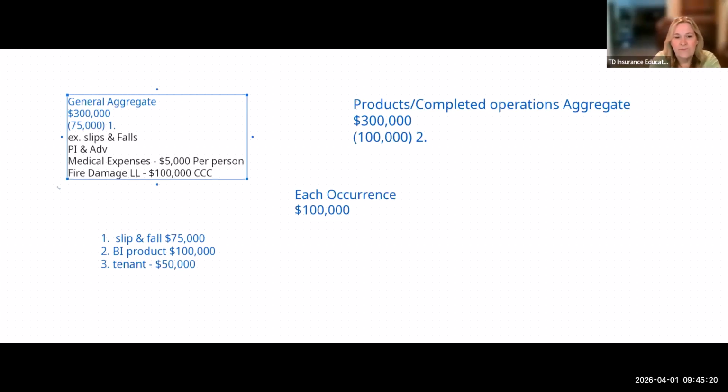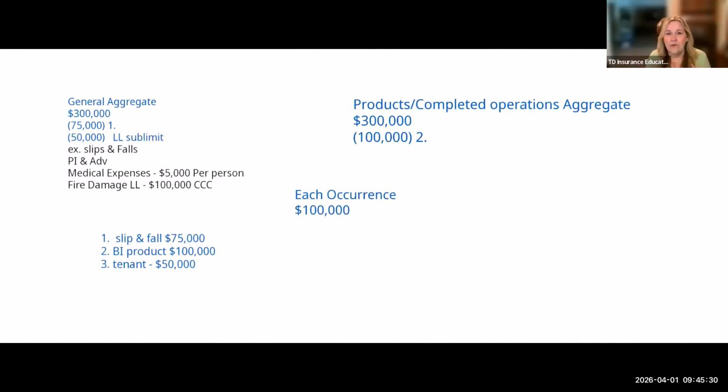So here we'll take 50,000 from the legal liability sublimit. Every claim comes off of your aggregate, and you could see how you could run out of limits as a company pretty quickly. That's why it's not uncommon to see, even on BOPs, 2 million aggregates and 1 million each occurrence, and then have a commercial umbrella on top of that.